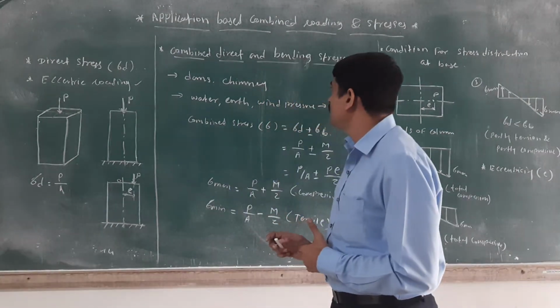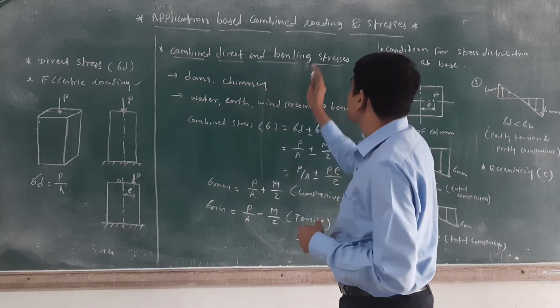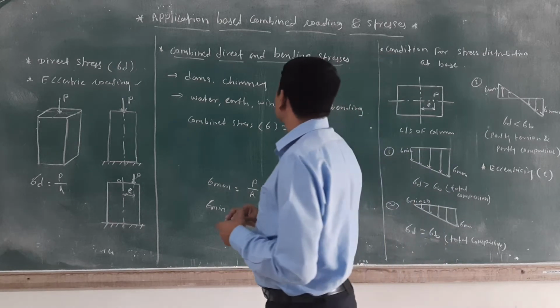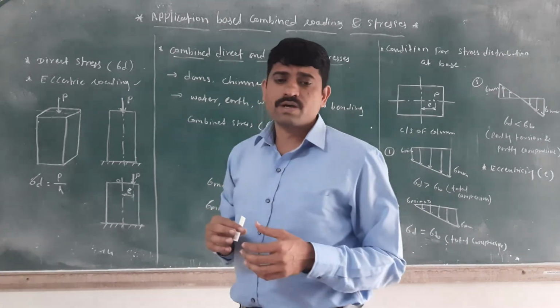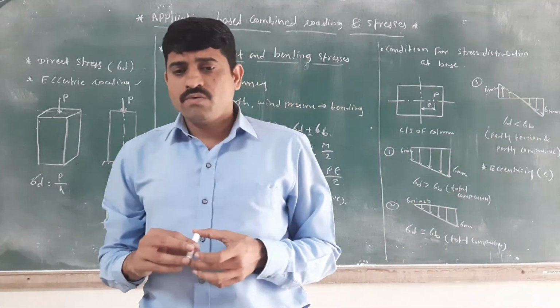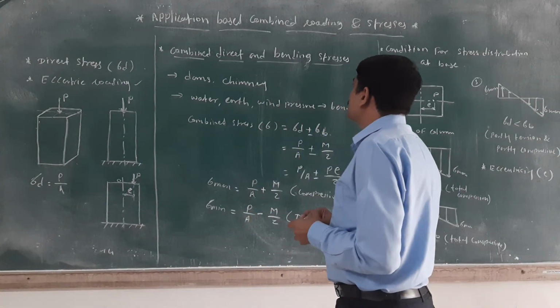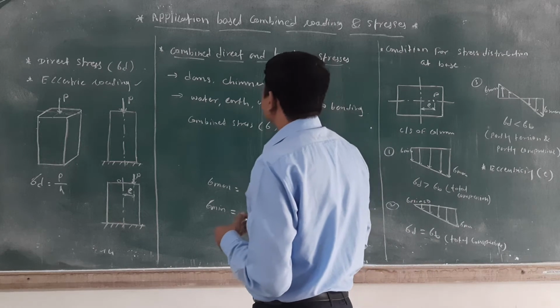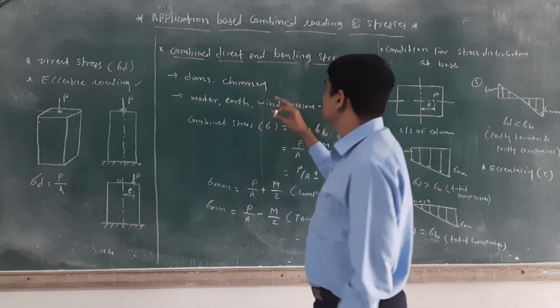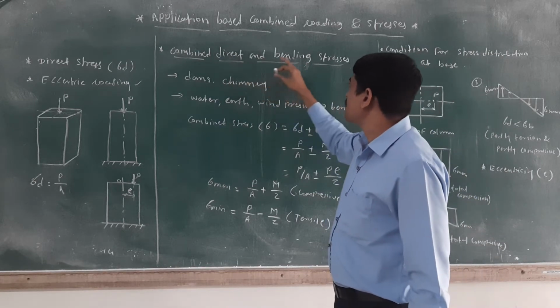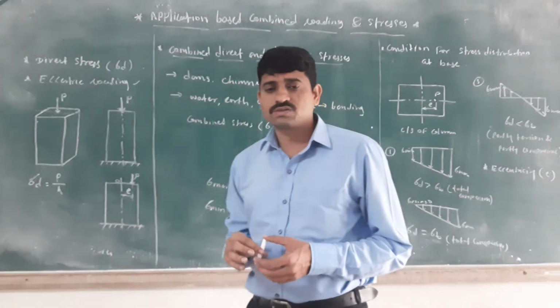Next is combined direct and bending stresses. What are the combined direct and bending stresses? When the member is subjected to direct and bending stresses, the resultant stress is the combined direct and bending stress.